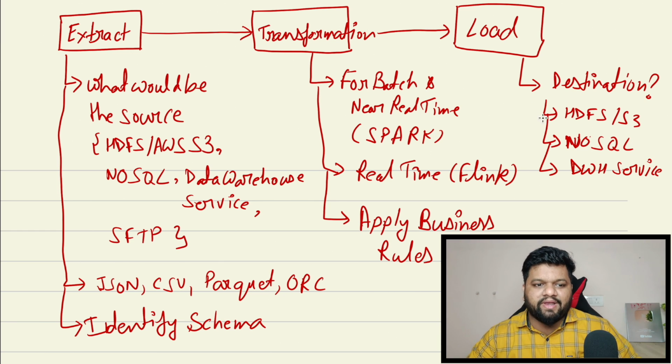So let's say you had this transformed data, and it is also very big in terms of storage, and the business team requires that whatever data you transform, you load it into a data warehousing service so that it can be directly queried.